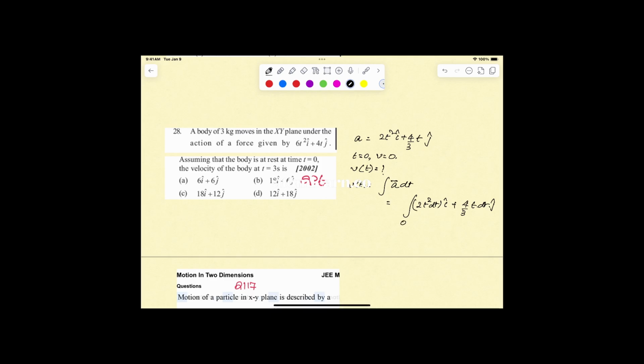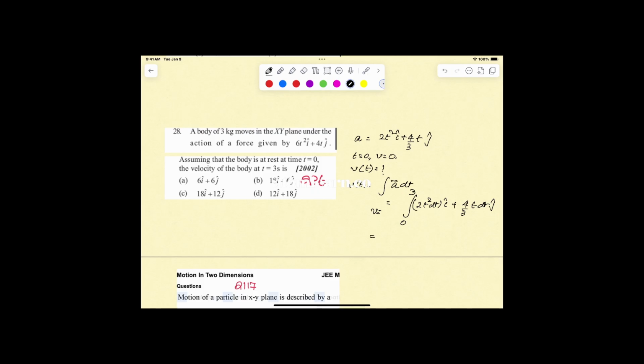We want at t equal to 3. This is the velocity now. Velocity at time t equal to 0 is 0. Therefore, we must actually do it like this. This is the actual velocity which is given.